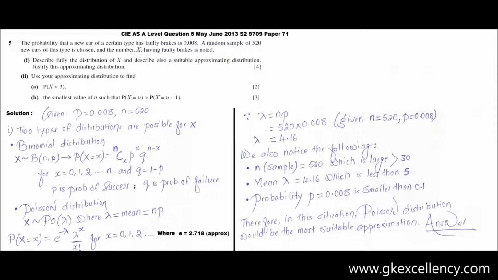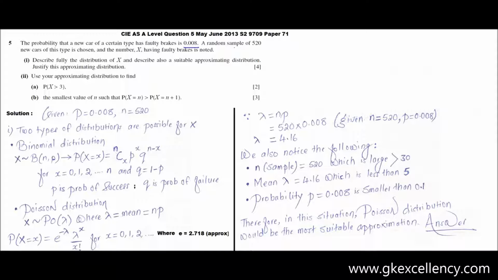Dear friends, this is question number 5 from the May-June 2013 AS level exam. The probability that a new car of a certain type has faulty brakes is 0.008.